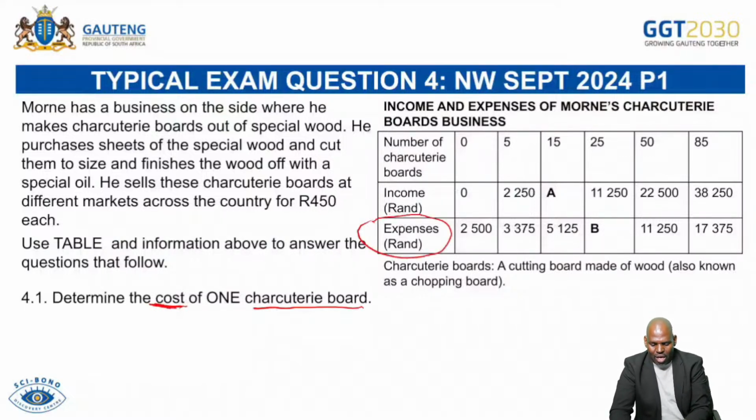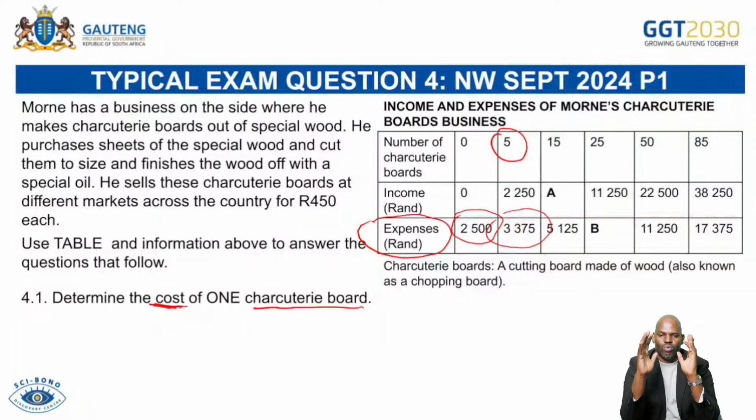But you can see that even if you don't have any charcuterie boards, you have a fixed expense of 2,500. But if you've got 5 of them, they cost you 3,375. Can you see that in this case, we actually have a fixed cost? Whether you've got that number of boards or not, we've got 2,500.